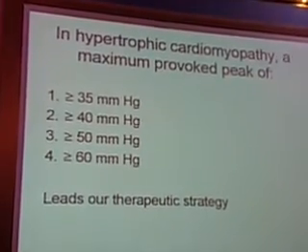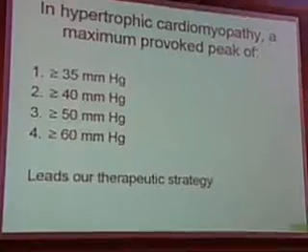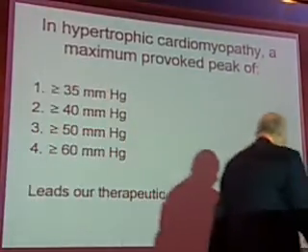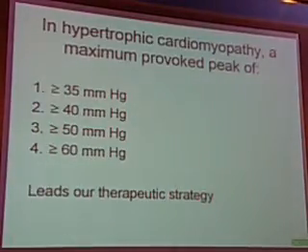I would like to present this question: in hypertrophic cardiomyopathy, a maximum provoked peak gradient of more than 35 millimeters, 40, 50, or 60 leads our therapeutic strategy?